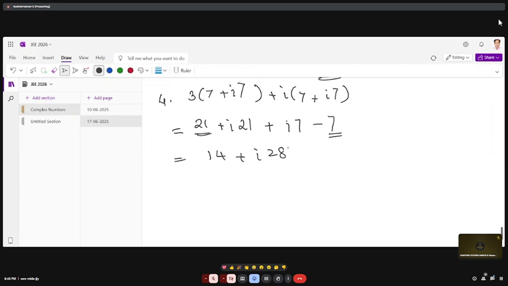Okay, 14 plus i28 or 14 plus 28i, either way you can write. Because in this problem, they have written it as i7 instead of 7i, I have written the answer also in the same way, 14 plus i28. Okay. Did you understand, Matangi?